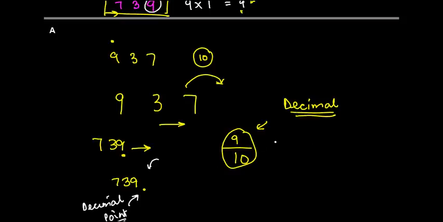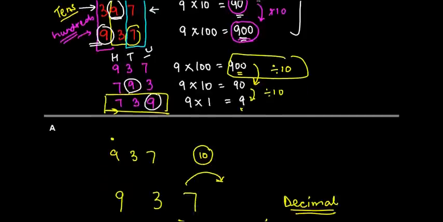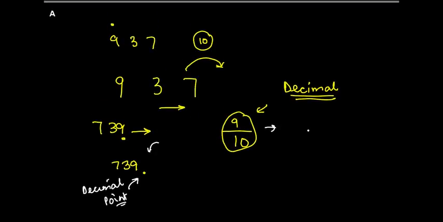Now if I tell you, just divide 9 by 10, that's what my starting point was, where I told you that this fraction can also be written by means of a decimal point. So if I actually divide 9 by 10, how many times does 10 go into 9? 9 is smaller than 10, so obviously nothing goes. So we just write a 0 here.